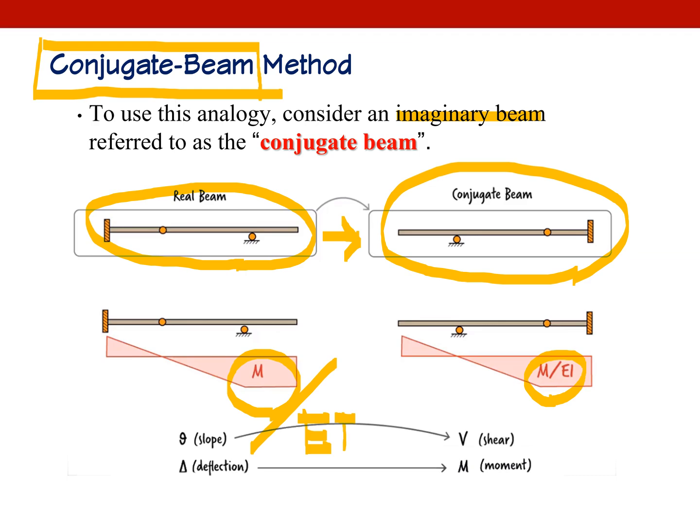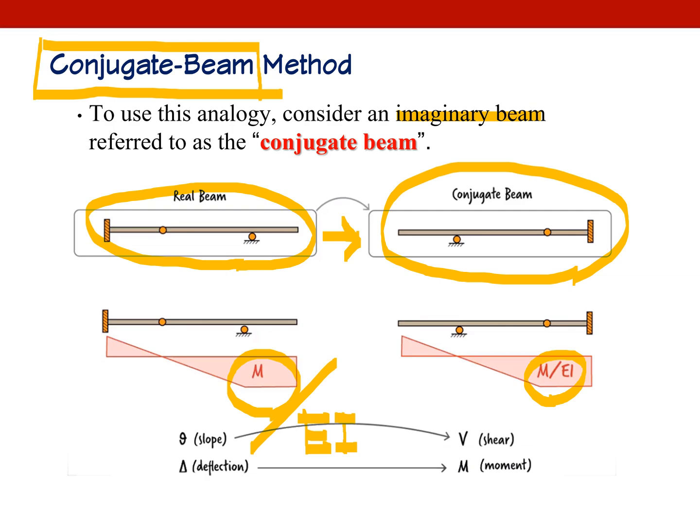Usually EI is constant for the beam, a very big number, unless you have a tapered beam or stepped beam, which is not usual in undergraduate courses.